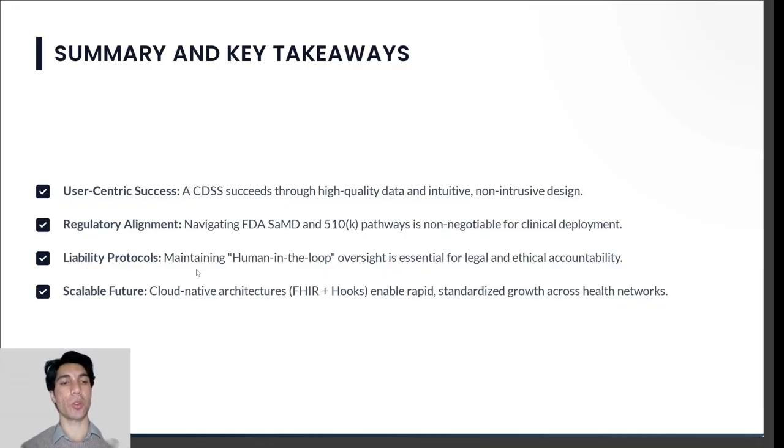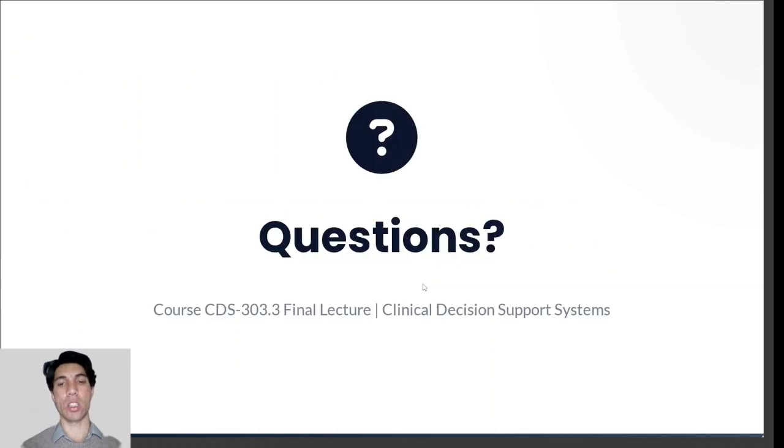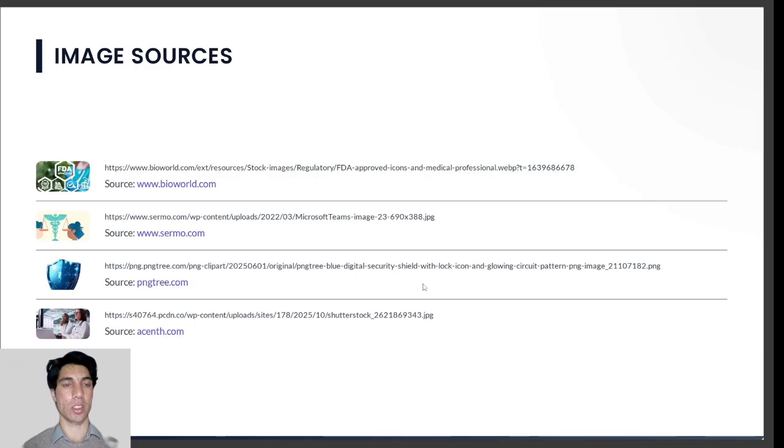Then the liability protocol: maintaining human in the loop oversight is essential for legal and ethical accountability. And then the scalable future from a business point of view: a cloud native architecture enables rapid standardized growth across health networks. So this was all about clinical decision support systems, and I hope everything is clear.